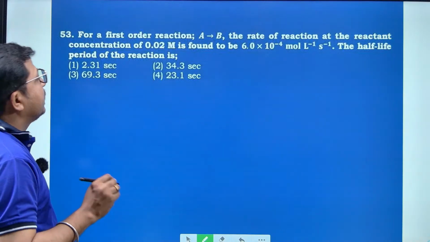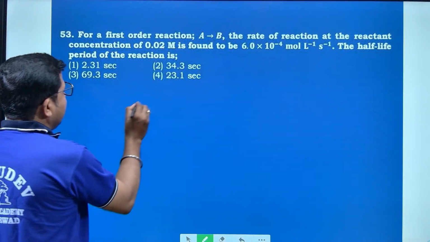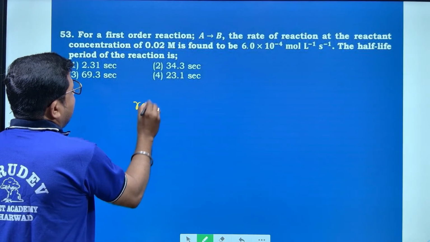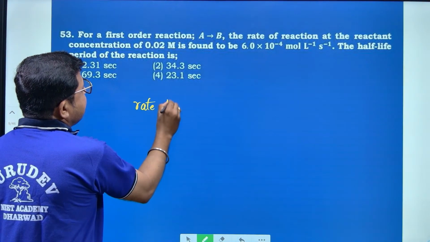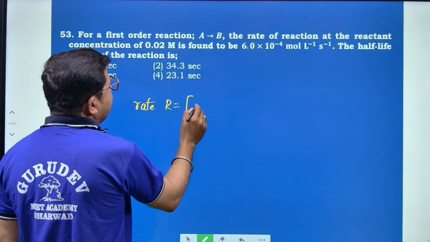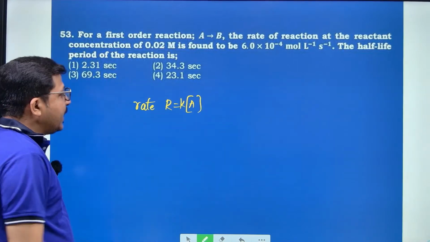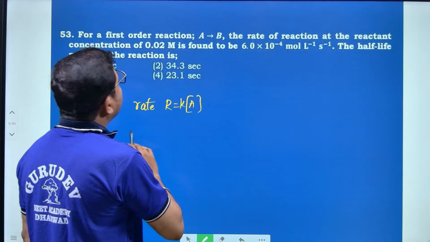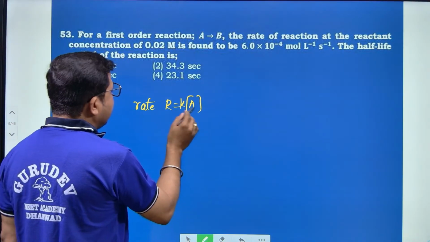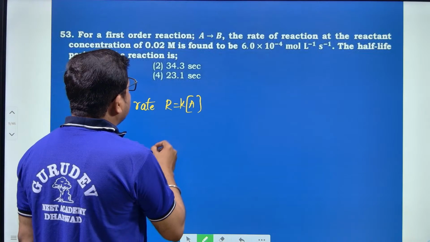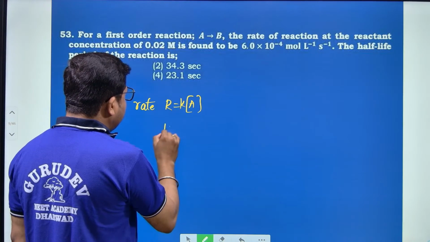So let us calculate. Rate R is equal to K into concentration of A, and we have to find K here.